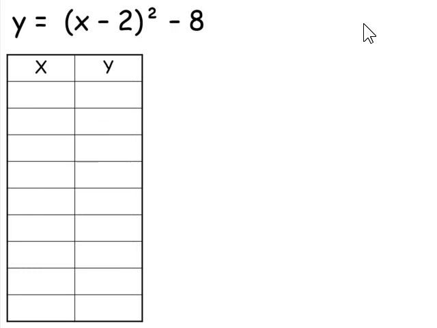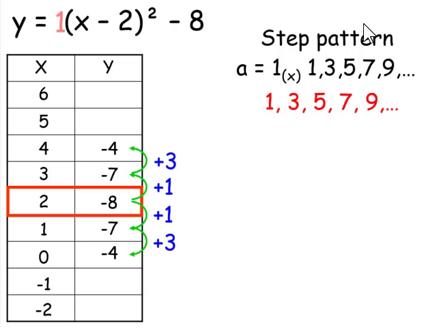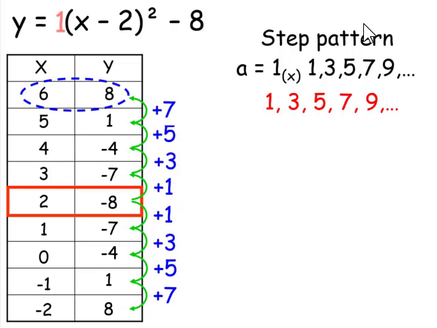So in this particular case, we should know that our vertex is 2, -8. I'm going to go by increments of 1. My a term is 1, so my step pattern will simply be 1, 3, 5, 7, 9. So we add 1, add 3, add 5, add 7. I usually like to check the last one just in case.